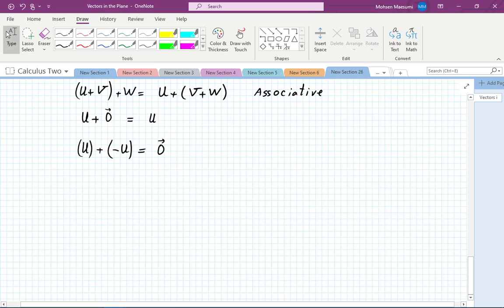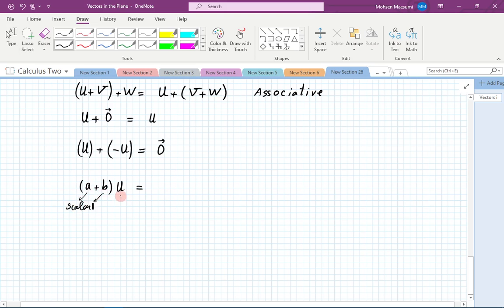Then we have some properties for multiplication. You remember that if I have (a + b) times c, we had certain associative, certain distributive properties. Here, there's a slightly different tone to this, because now these are scalars. So this is a scalar, it's just a number.